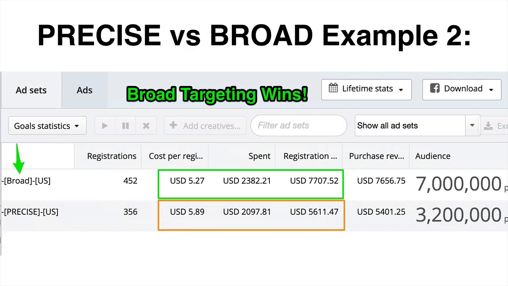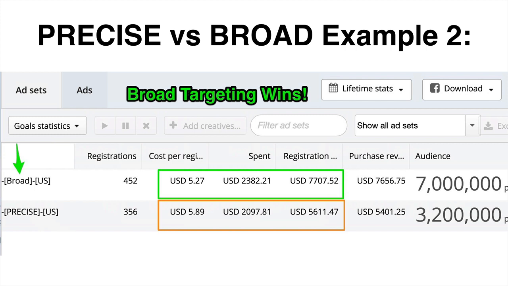Look at this. Here's another split test I did versus broad and precise keywords. The broad audience is hitting about 7 million people. The precise audience is hitting 3.2 million people. Look at this though. The broad audience has a cost per conversion of $527. I spent $2,300 to make $7,700. That ROI is freaking awesome, right? And the precise campaign is crushing it too.